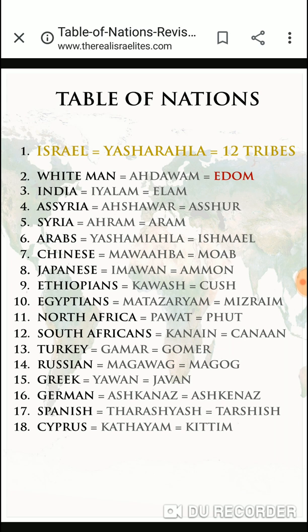So the problem is we have to come to the understanding that Edom is a brown ruddy group of people, and they have another pool of population of people that are pale skinned people. That's the understanding that we should have. So I had to do some clarification on that.